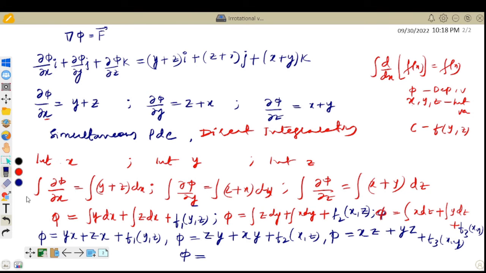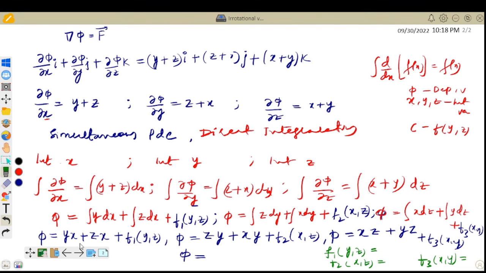Now I will write here itself, just concentrate carefully. I need to write the φ value, and also here I am going to write f1 of yz, similarly f2 of x and z, finally f3 of x and y. I need to give values to these.